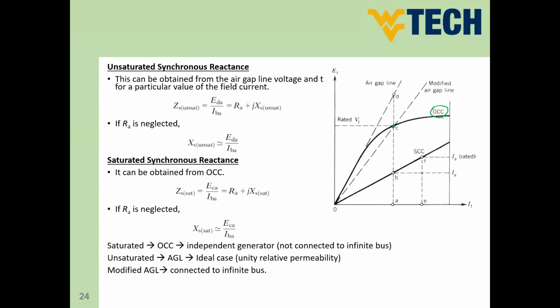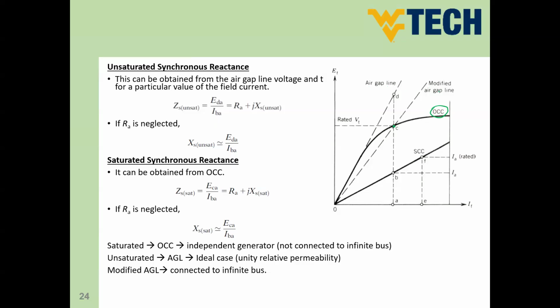We have two other curves, guys, and we use these two other curves in our questions. We have what's called modified air gap line, and we have what's called air gap line. What are these two lines?